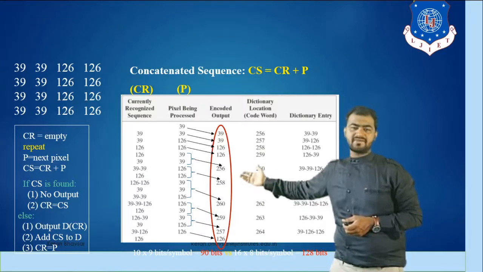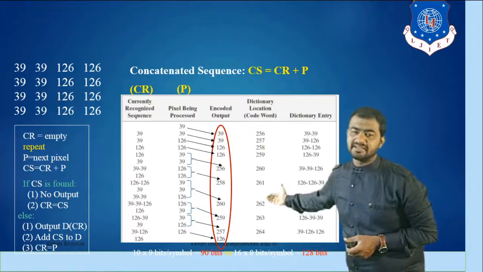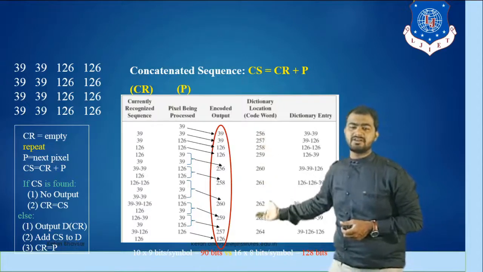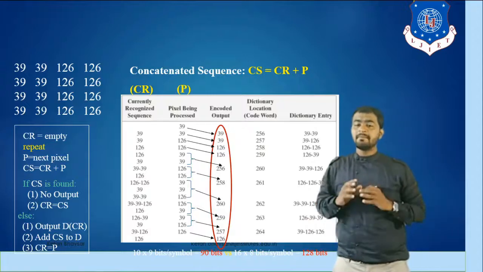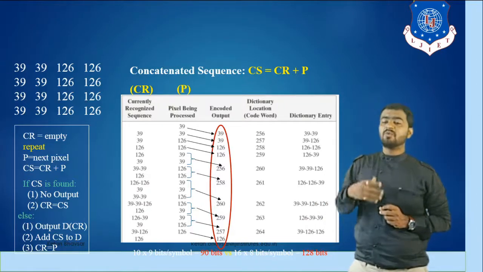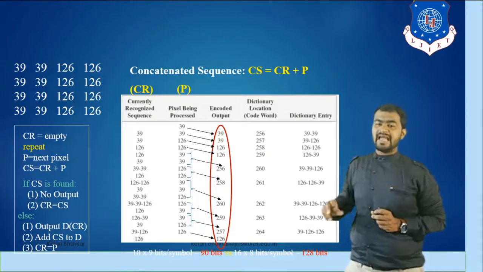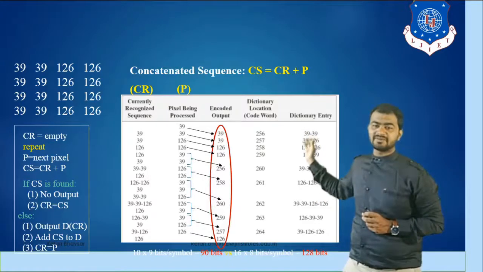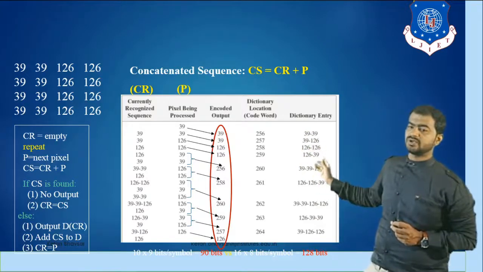If you identify similar terms like 126, 126, then again we add 258. The sequence of numbers is always identified and encoded. If you have a value beyond 255, then ultimately we reduce the size. Similarly, you add dictionary values for 39, 39, then 39, 126, then 126, 126.